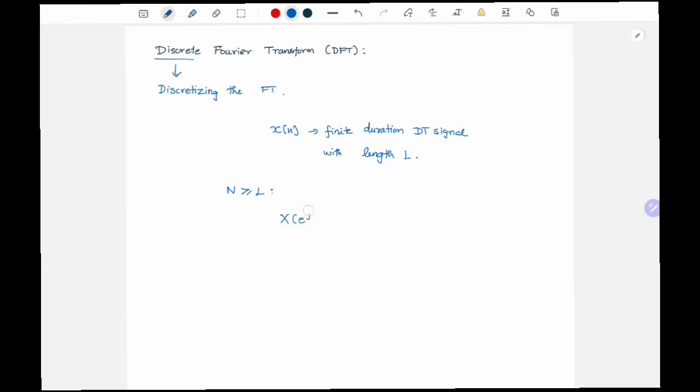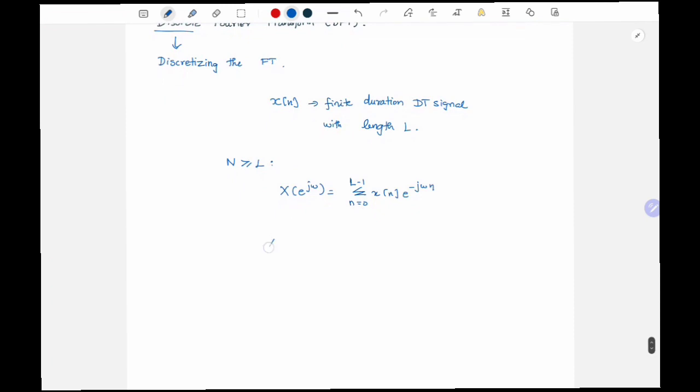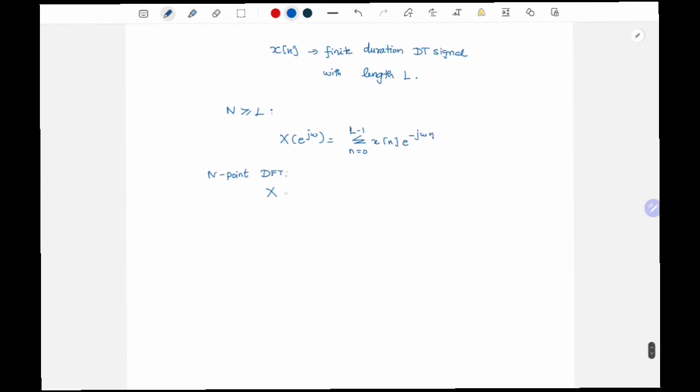Then from X(e^jω) equal to summation n equal to 0 to L minus 1, x[n] e^(-jωn), if I sample it at N points, I will call it N-point DFT. Then I will get X(e^j2πk/N), or I can equivalently represent this as X[k].